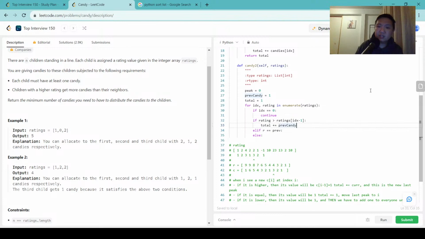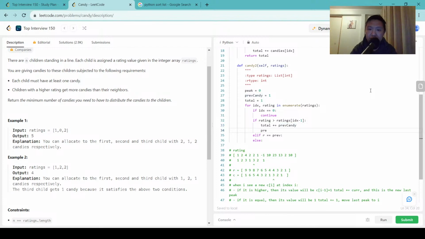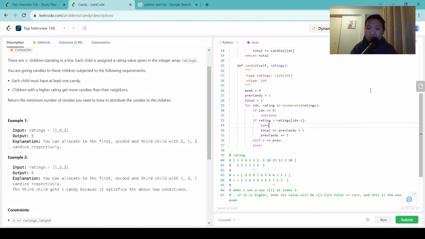Okay, so if rating is larger than previous candy, then total plus equals previous candy. So my new person, current candy, equals prev candy plus 1.